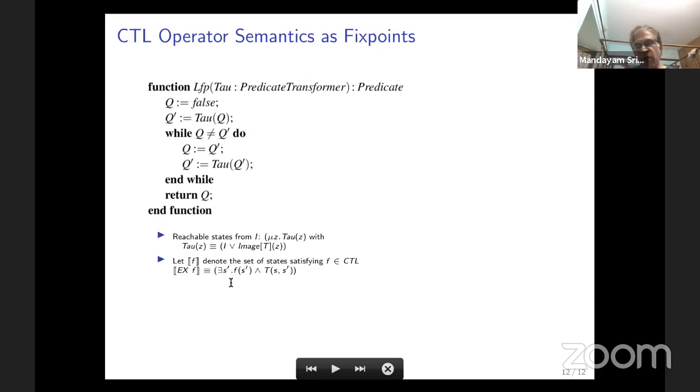This does not require any fixed point computation because it is a one-step thing. All you need to do is exactly this existentially quantified formula. It's the set of all states that map into a state where f holds, in one step.